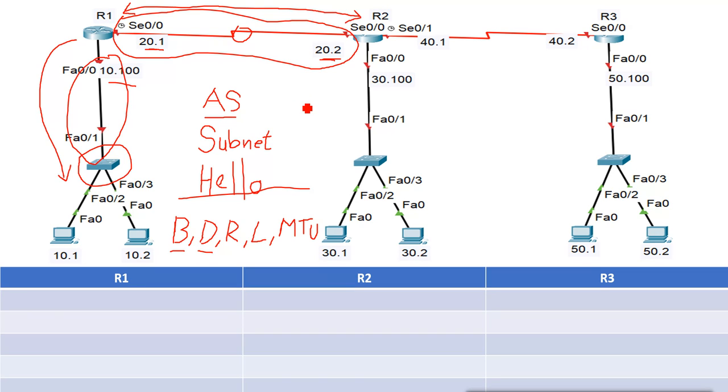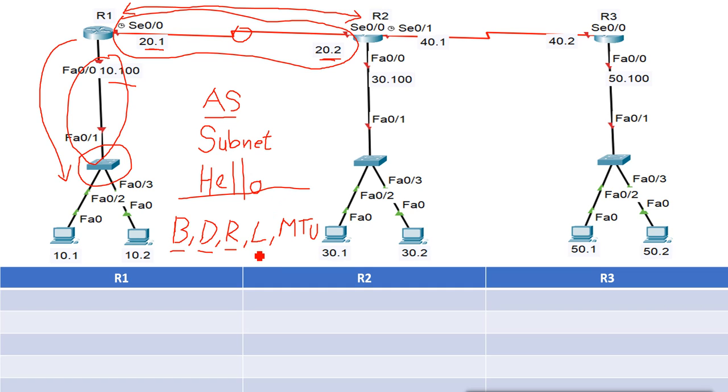Then it can check the reliability also. Reliability means whether the link is reliable or not. Sometimes links get disconnected and connected; they can be flapping. If the links are flapping, it will not choose that link. It will choose only the link which is reliable and constant.